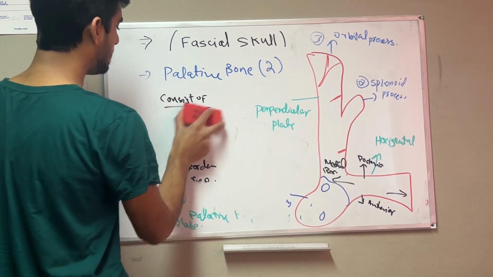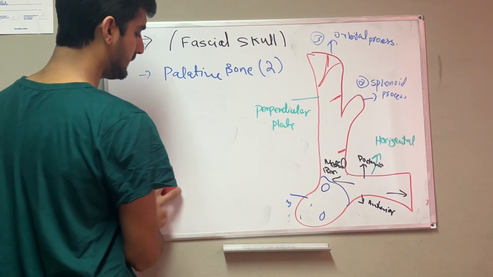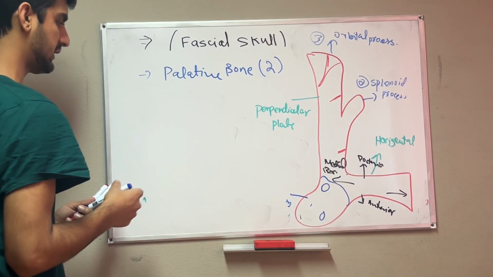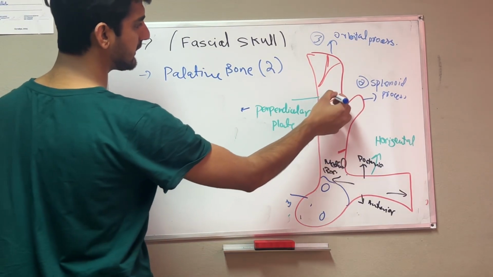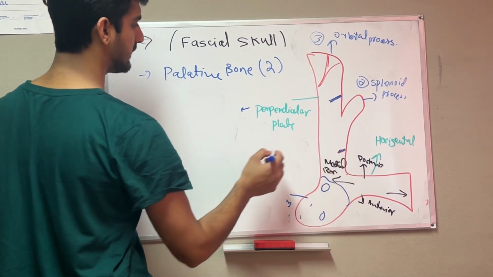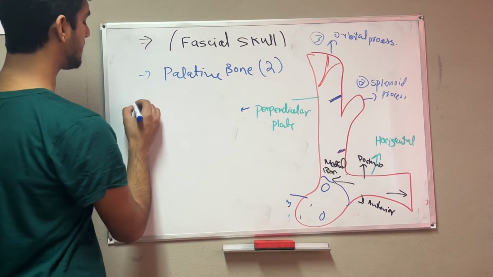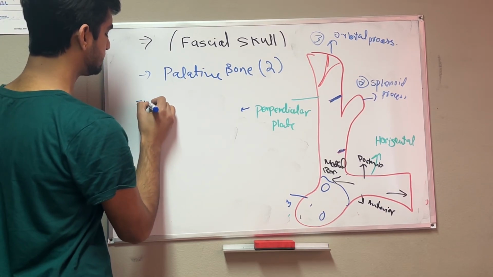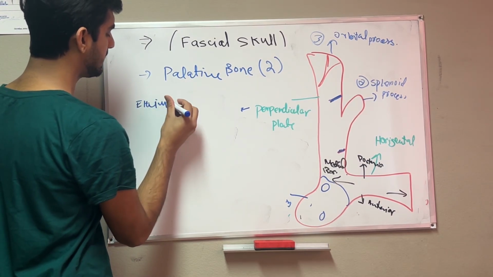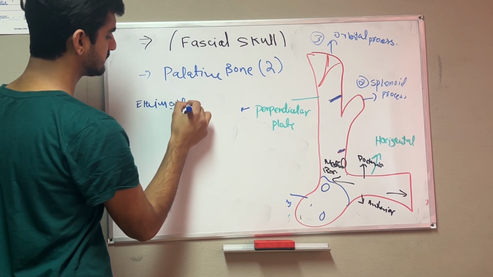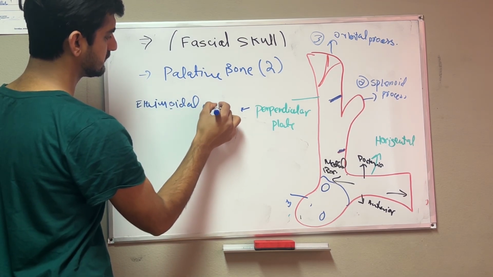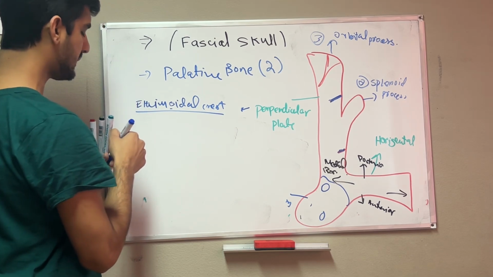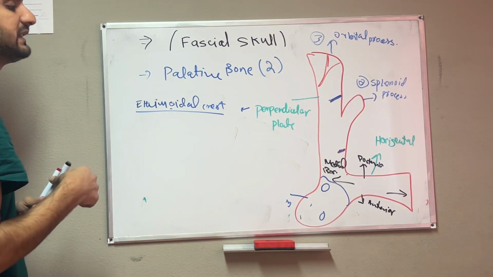Now in the perpendicular plate we have two crests, the upper and the lower. The upper crest is called the ethmoidal crest, and the ethmoidal crest is for attachment with the medial nasal concha.